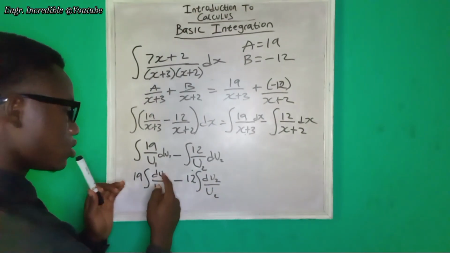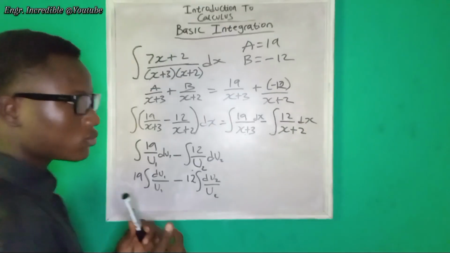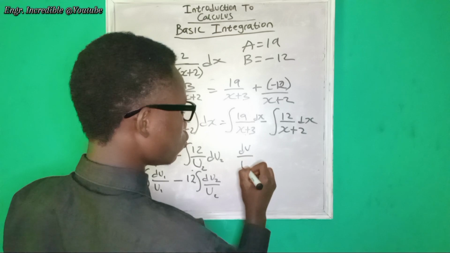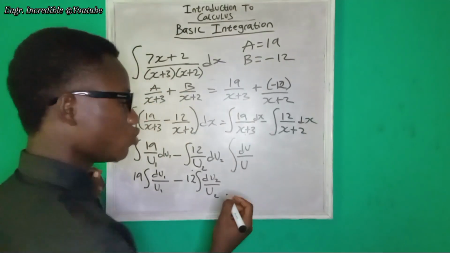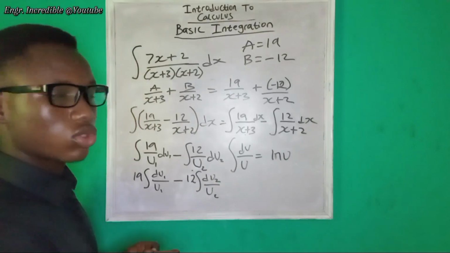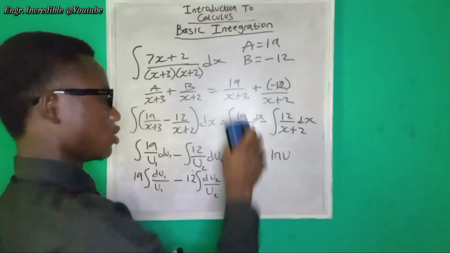So now, what is du over u? According to integration, the integral of du over u is equal to ln u. That is the straight formula.